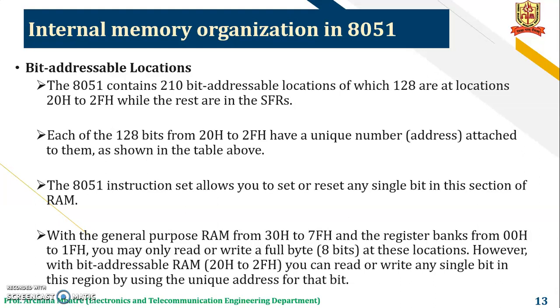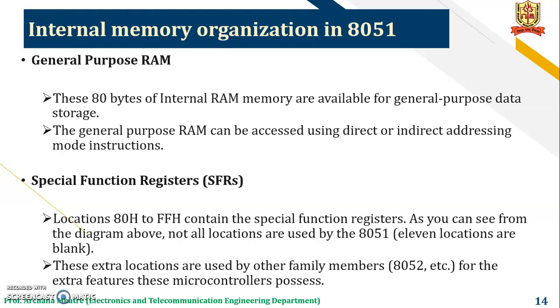With the general purpose RAM from 30H to 7FH and the register bank from 00H to 1FH, you may only read or write the full byte, that is 8 bits, of these locations. However, with bit addressable RAM 20H to 2FH, you can read or write any single bit in this region by using the unique address for that bit.